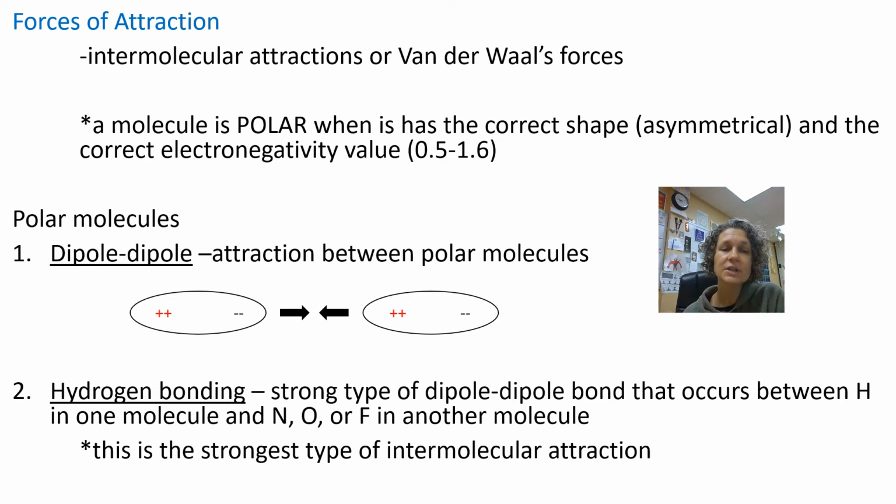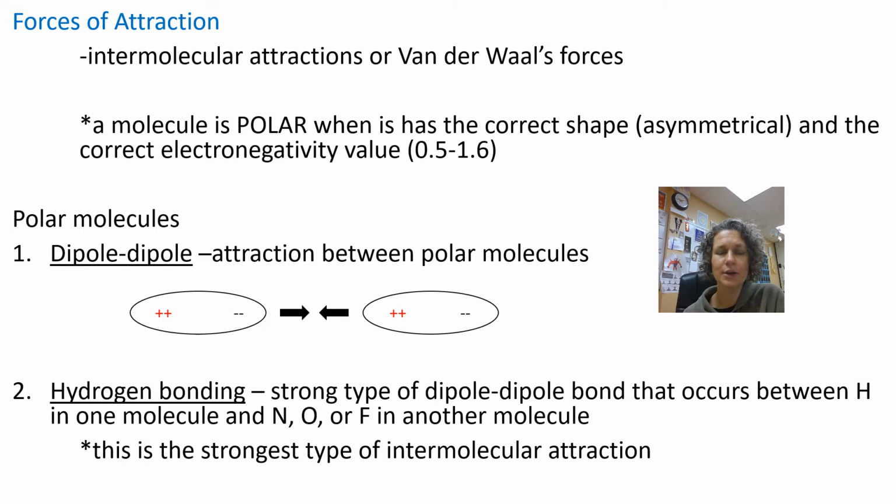In some very specific polar molecules, we see hydrogen bonding. This is a very strong type of dipole-dipole attraction, still between the positive of one molecule and the negative of another, and it occurs specifically between hydrogen in one molecule and either N, O, or F in the other molecule. Sometimes I will refer to these as the NOF bonds.